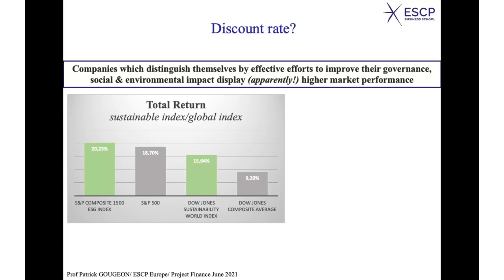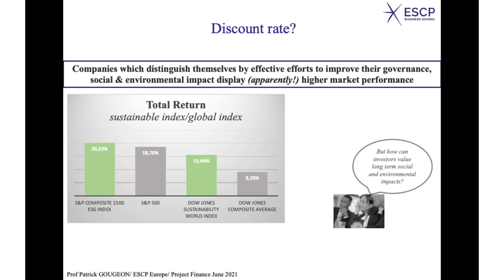If you look at the Dow Jones, you also have a significant difference. It's even much bigger. The Dow Jones Composite average is below 10, whereas it's 1564 for the Dow Jones Sustainability World Index. So companies which distinguish themselves by effective efforts to improve their governance, social and environmental impact display higher market performance, apparently at least.